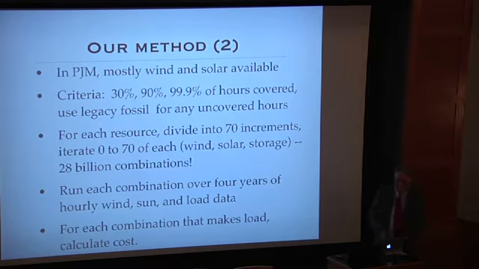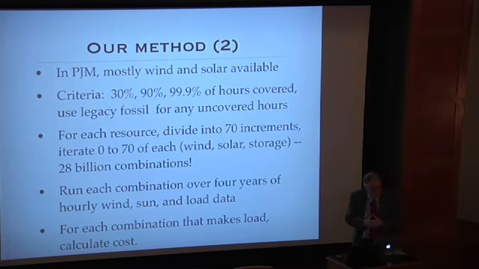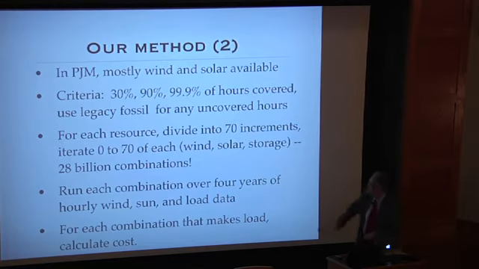So the model is you take each of the resources and the storage system, divide it into 70 segments, and then you have a very big iterative loop that does 0, 1, 2, 3, up to 70 for all types of generation and storage. First we pick the combinations that will run for 4 years without ever failing to meet load.